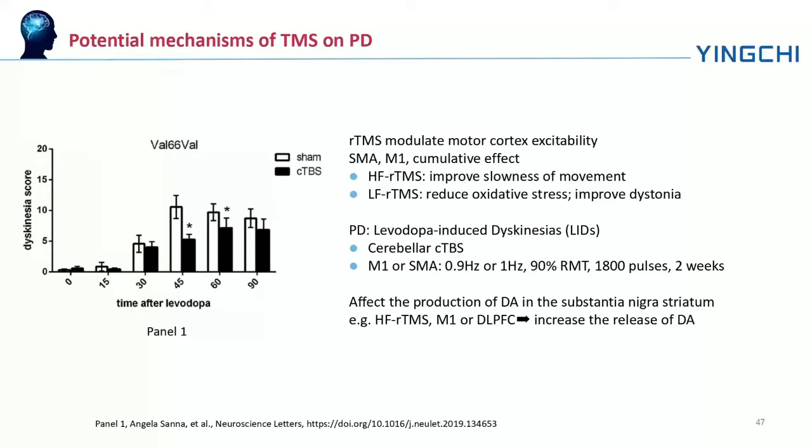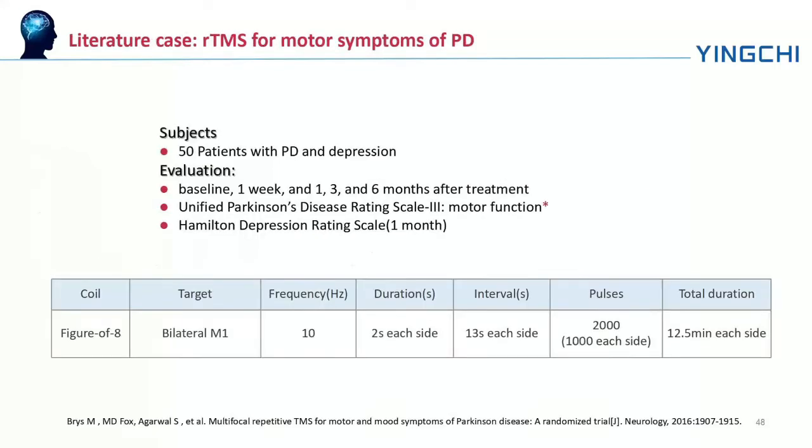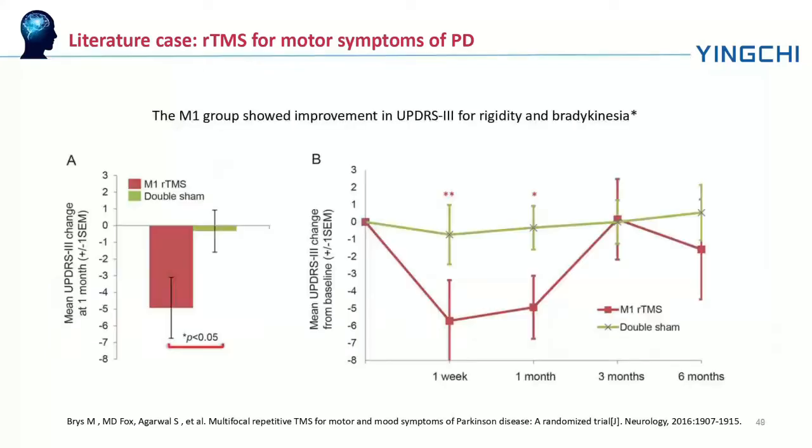TMS can also help to affect the production of dopamine in the substantia nigra and striatum. For PD patients with motor symptoms, we can apply high-frequency rTMS onto the bilateral motor cortex. The results showed that the real stimulation group, compared to the sham group, showed improvement in motor function scores for rigidity and bradykinesia.